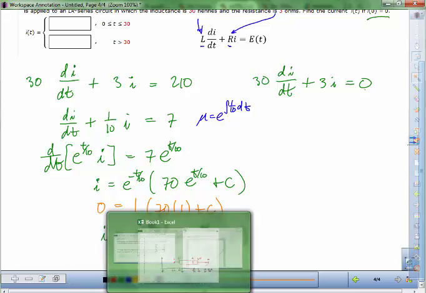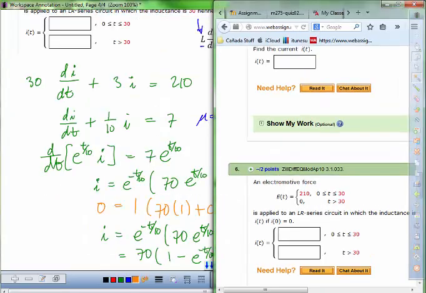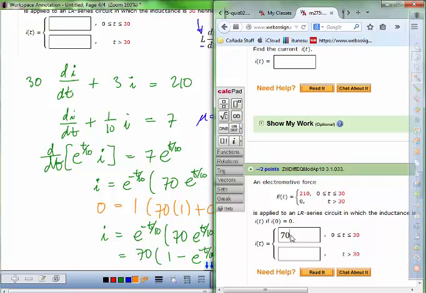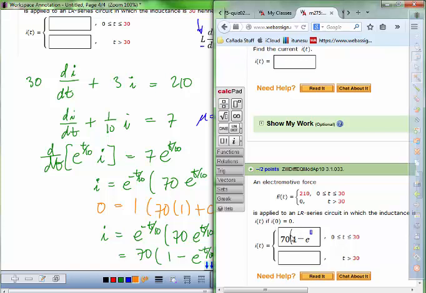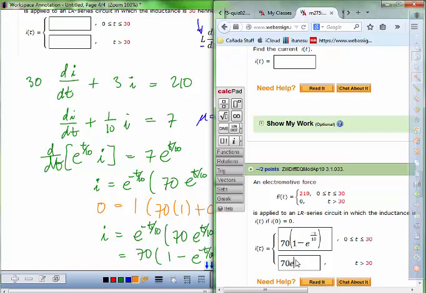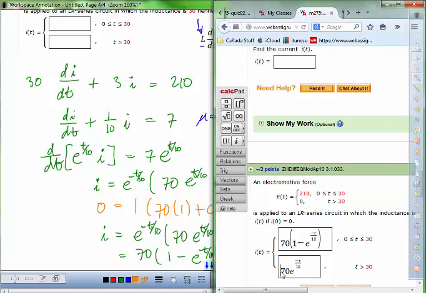Let me check the answer for the first one. 71 minus e to the negative t divided by 10. Got really small there. I don't know if this is a plus or a minus.